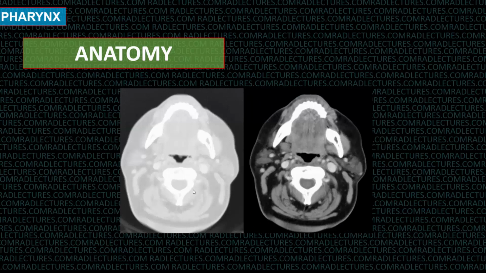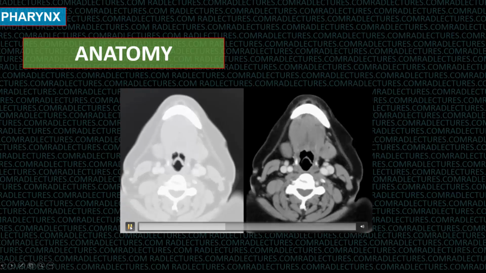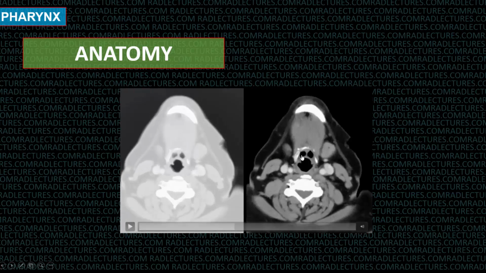On CT also, it is the same thing. You can see the epiglottis here, and this is the base of the tongue. So between the base of the tongue and the epiglottis is the vallecular space or vallecula, and right here, this is the median glossoepiglottic fold, the fold between the epiglottis and the tongue, and these are the lateral glossoepiglottic folds, and between them are the valleculae.